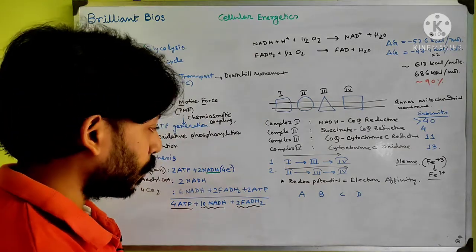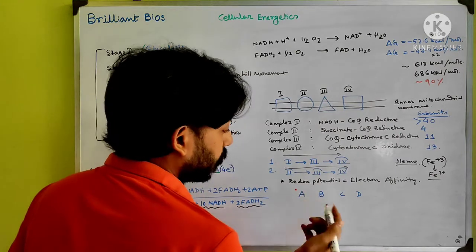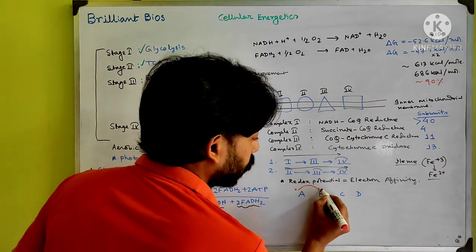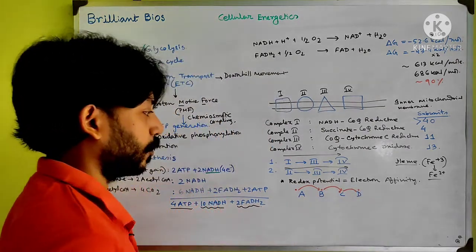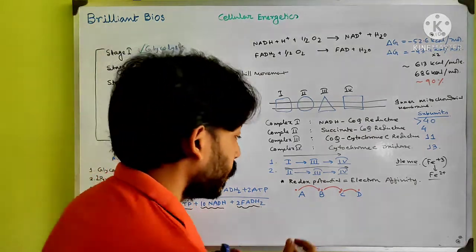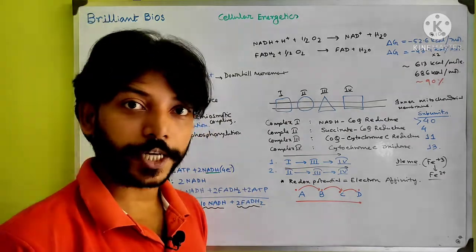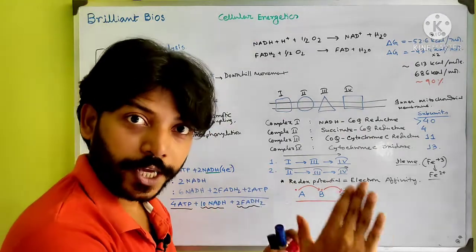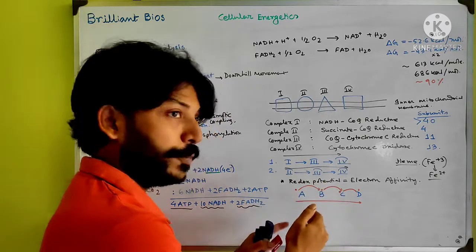Let's suppose an electron tries to move from molecule A to B to C to D. If the electron tries to move in one direction from A to D, the redox potential or the electron affinity of the molecules should increase as the electron flows.